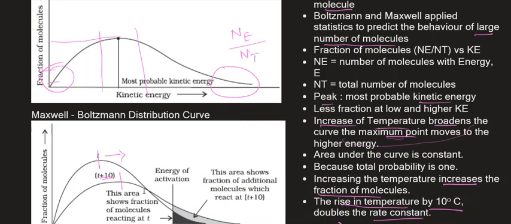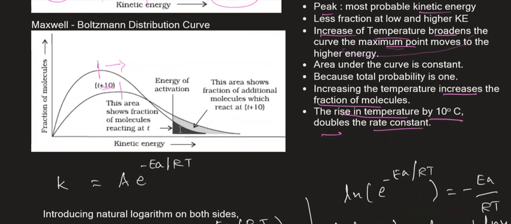The fraction will be larger and the area of the curve remains constant, but the curve is widened, broadened. That is why this portion can be called the energy of activation. This shaded area, this black portion, is the energy of activation. This shaded area is the fraction of additional molecules which react at T plus 10 degrees centigrade.